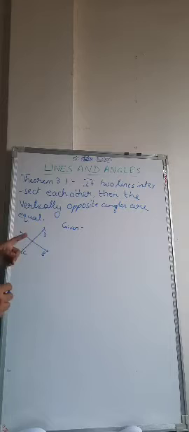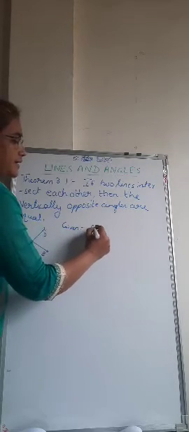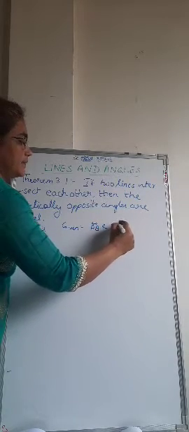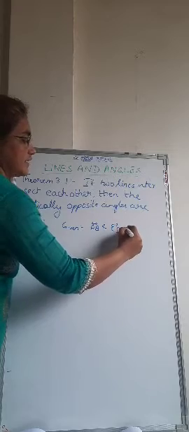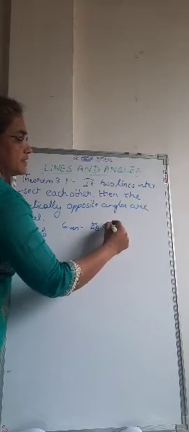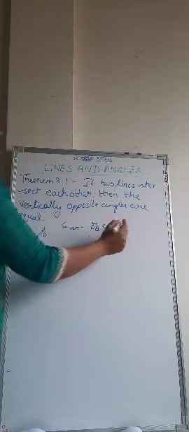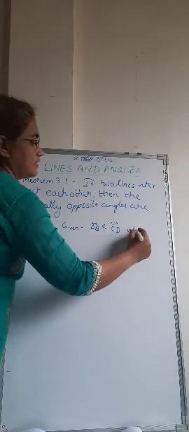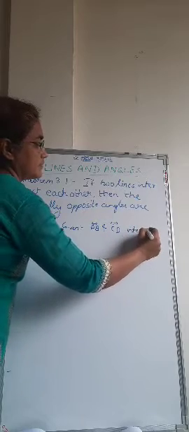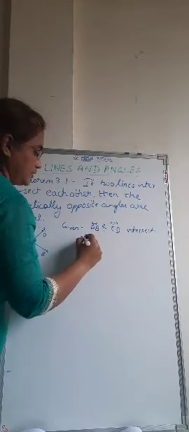What is given? Two lines have intersected. Which two lines? AB and CD are the straight lines. Straight lines I have given the symbol. This is the symbol of straight line. AB and CD are the lines which intersect at O.